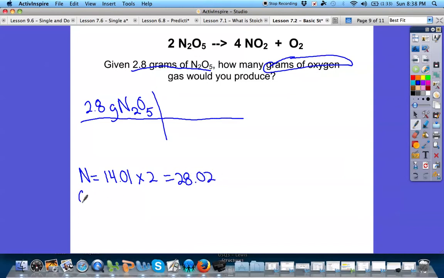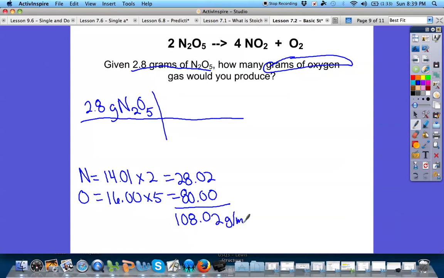Oxygen is 16 times 5, and that's going to give us 80. Add these together, you're going to get 108.02 grams per mole.